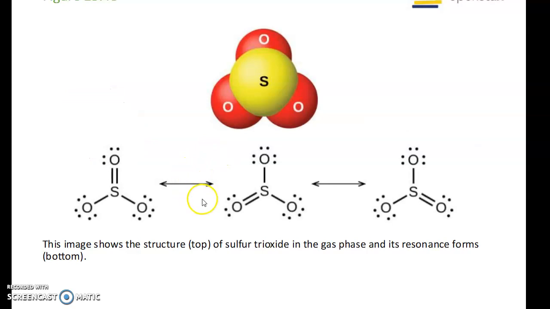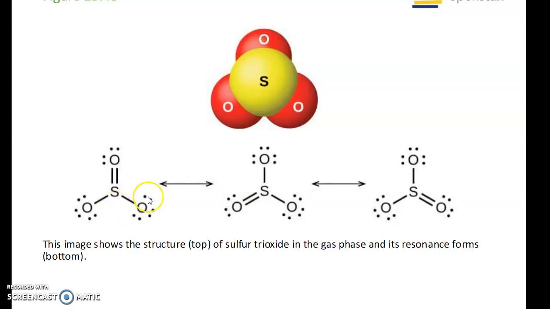This right here is sulfur trioxide in the gas phase, and it has 3 separate resonance forms. The more resonance forms you can have with something, the more stable that particular product is. So more resonance forms, more stable. So this is a much more stable type of gas than SO2.